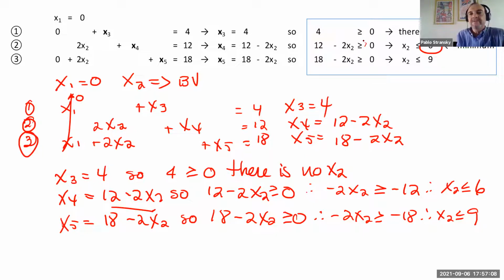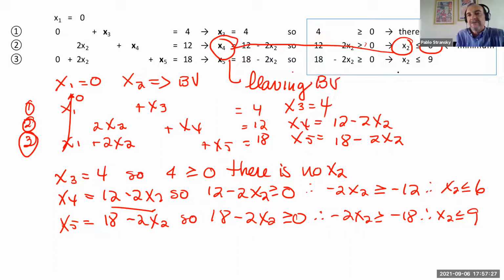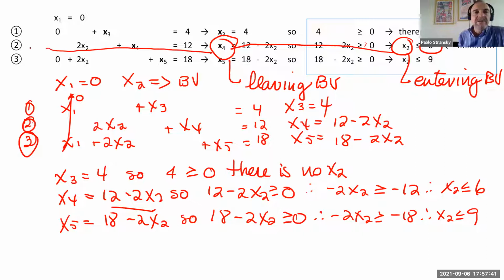Choosing here the minimum value, what I'm deciding by choosing this value is that x2 is going to be changing places with x4, okay? So now x4 will become my leaving basic variable. Remember, this was my entry. They're switching places, okay? x2 is changing position with x4, and that means also that in step 3 I'm going to start working with equation number 2.